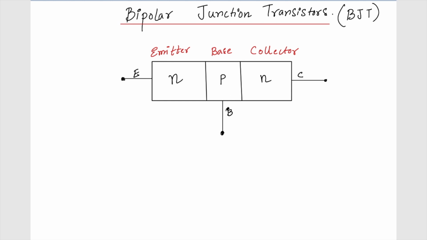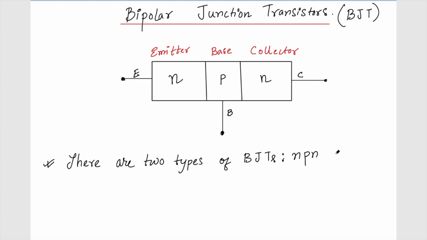Now I have this NPN type of transistor. Then we can also have another kind of transistor, which is PNP, which has complementary properties compared to the NPN type of BJT. So the conclusion is there can be two types of BJTs: one is the NPN and the other is the PNP.